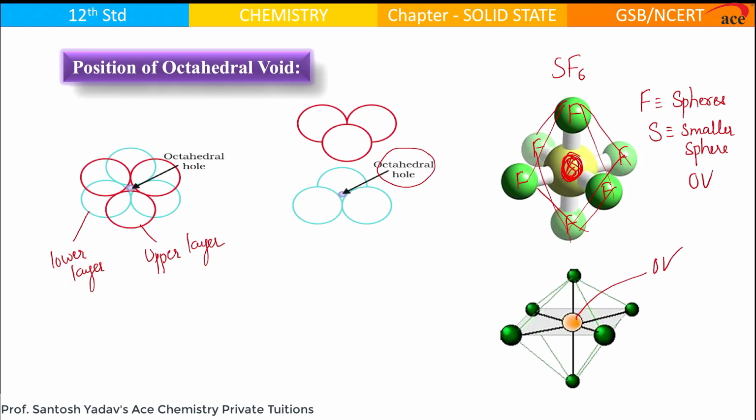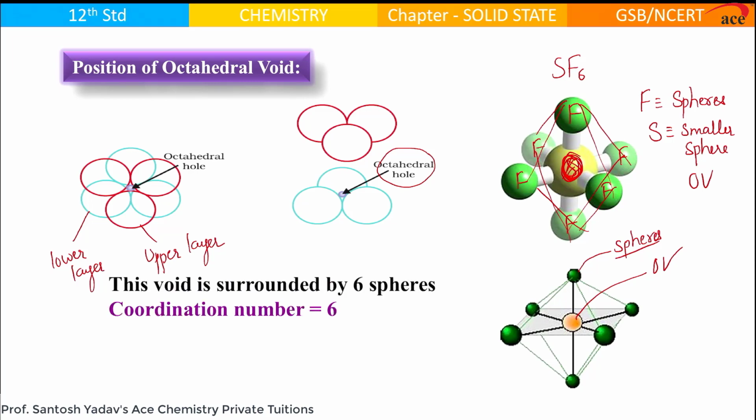This is an octahedral void. Although here the green spheres are looking small, remember these spheres are much larger than the octahedral void. So, that was the information about the octahedral void. It is trapped between 6 spheres, therefore, its coordination number is 6.